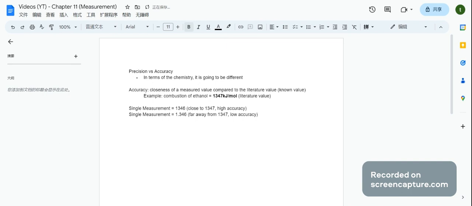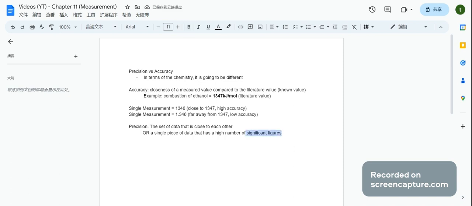After knowing this, let's talk about the precision. The precision represents a set of data that is close to each other, or it could also represent a single piece of data that has a high number of significant figures.